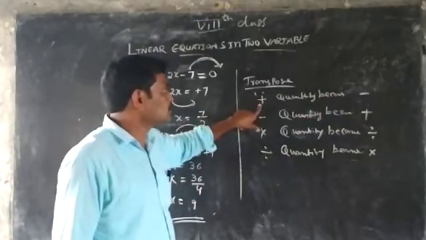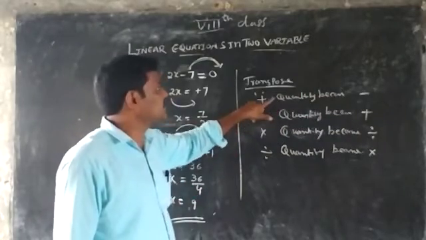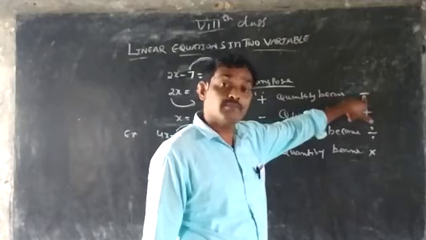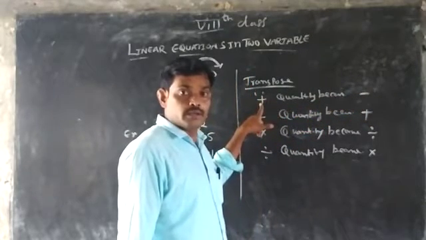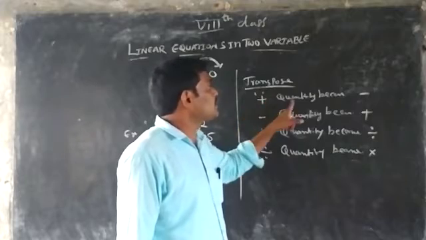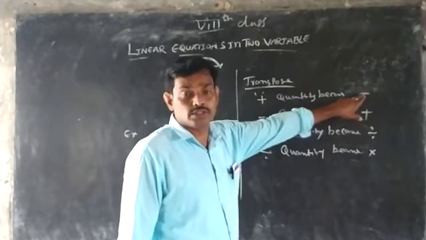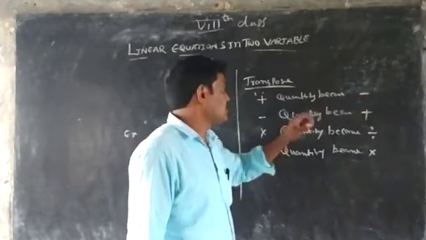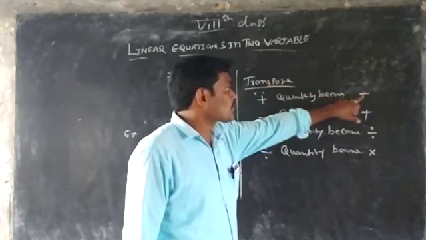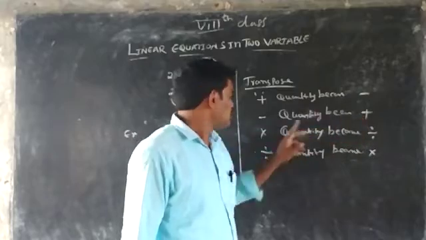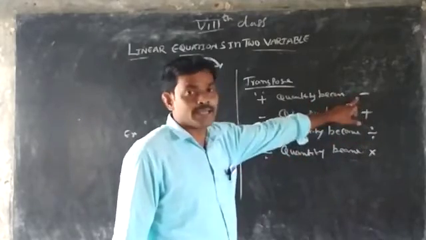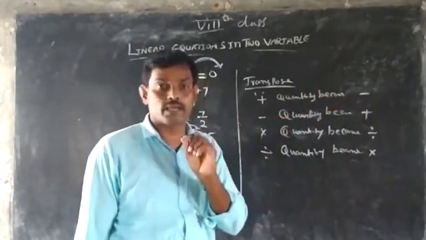A plus quantity on the LHS becomes minus on the RHS side. A plus quantity on the RHS side becomes minus on the LHS side. Minus becomes plus, plus becomes minus. This is the transpose. Be careful.